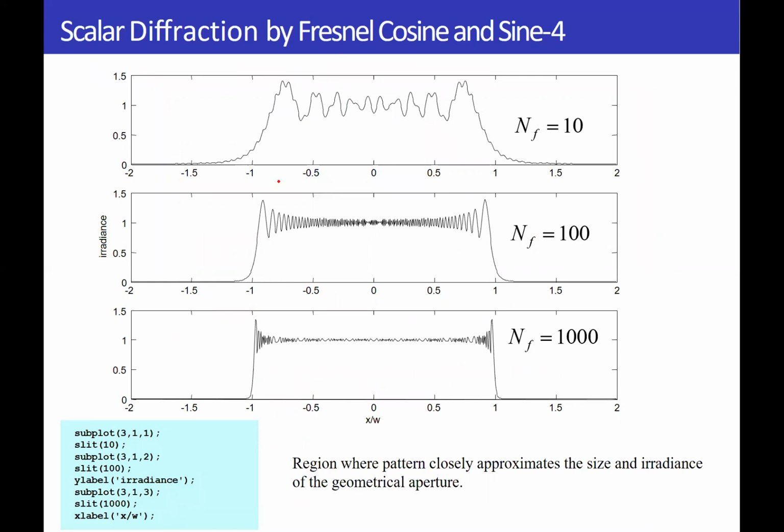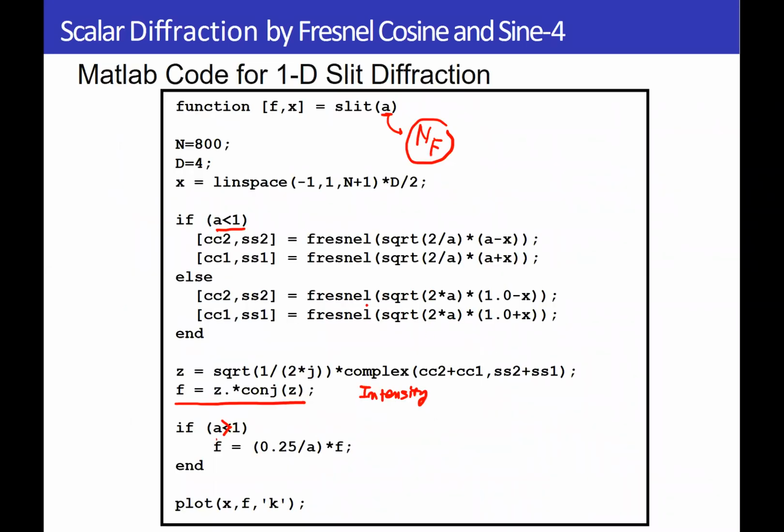If you do this command with the subplot, you get three subplots, with NF equal to 10, 100, and 1000, and you can see that it is near field. Okay, so that's what we have done. So the basic idea is that you directly calculate the Fresnel integral using Fresnel cosine and Fresnel sine.